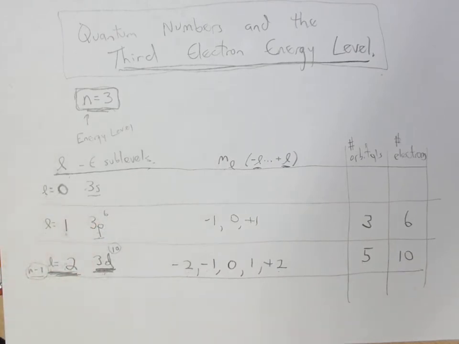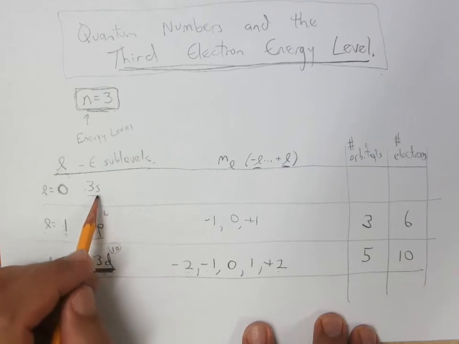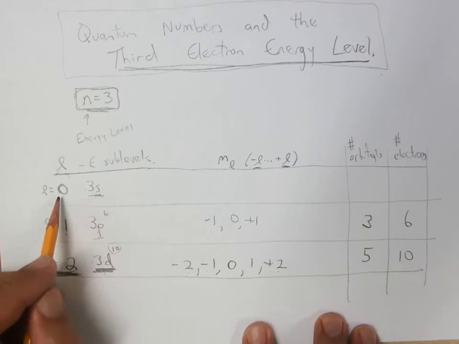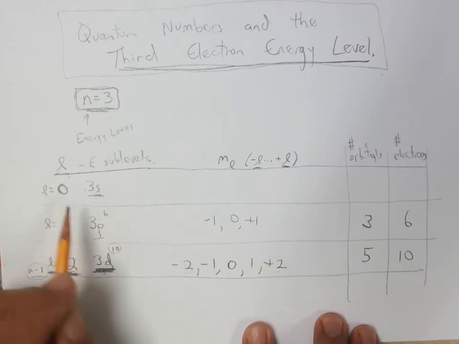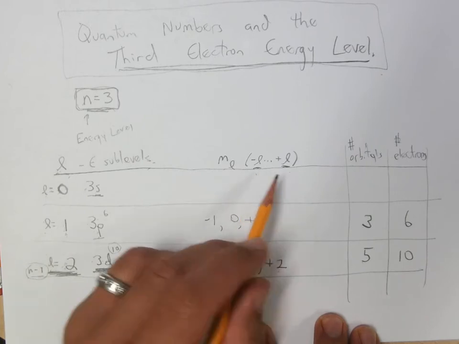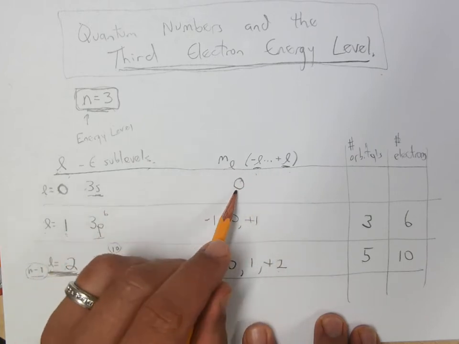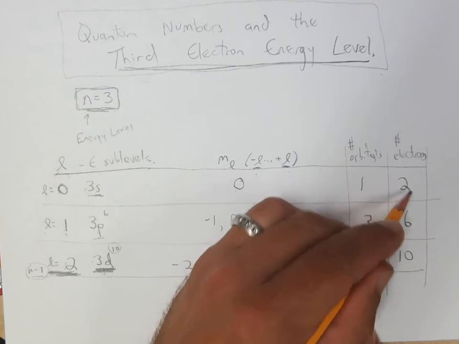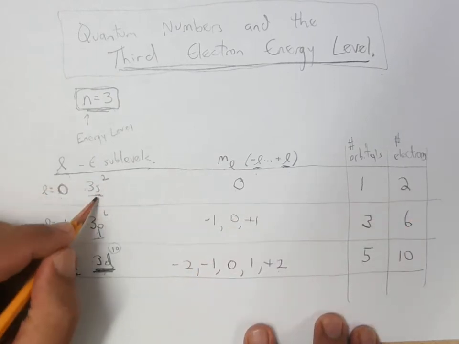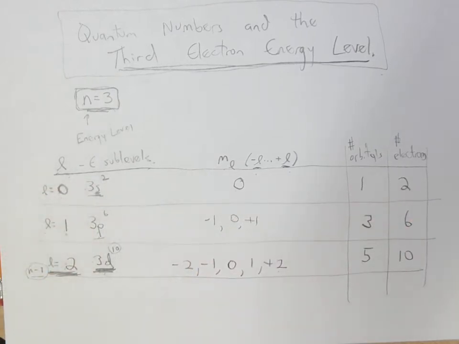And now hopefully you can see the relationship between the quantum numbers, which you might be less familiar with, and the electron configurations, which you may be more familiar with. Okay, and then the S sublevel, L is 0, so we go from minus 0 to plus 0, just 0. We only have 1 orbital and room for 2 electrons.